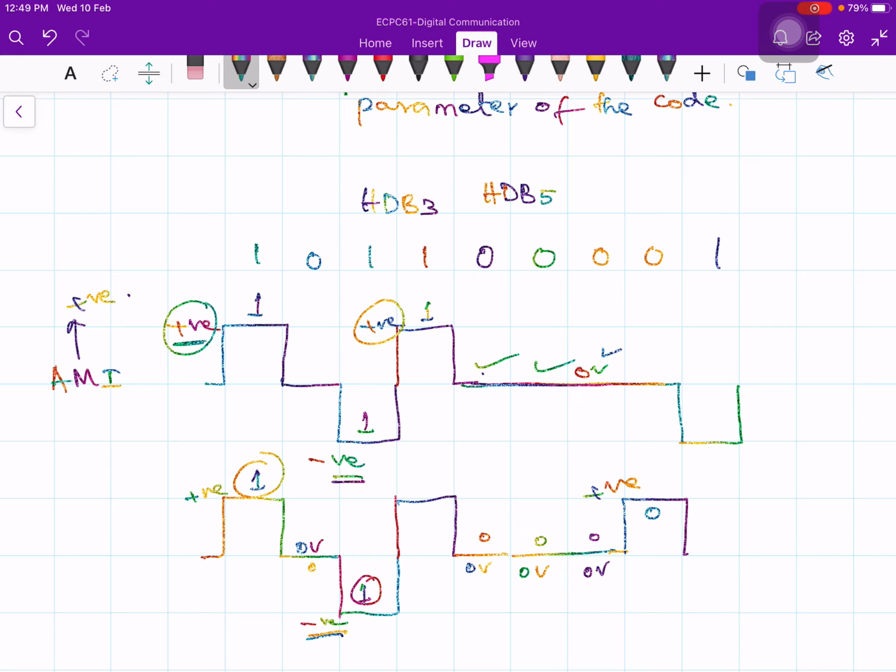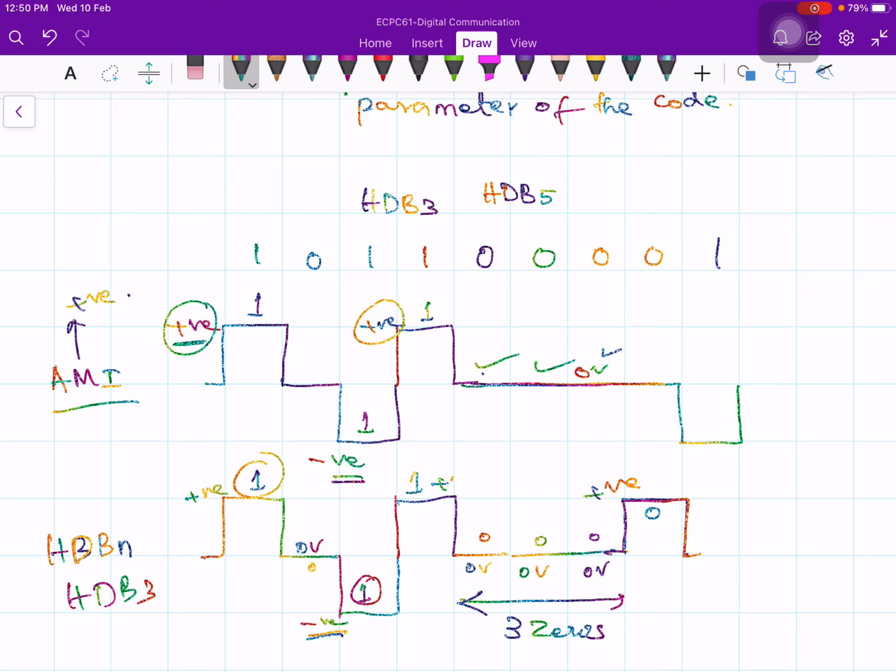So this is the only difference between HDBn code and AMI code. This 3 you will come to know the meaning now. So you allow up to 3 zeros and then invert it.